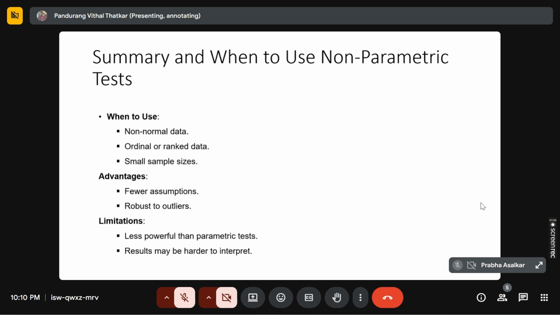Then the limitations are that they are less powerful than parametric tests of significance, and the results may be hard to interpret as compared to parametric tests. Right, sir? Any doubt?